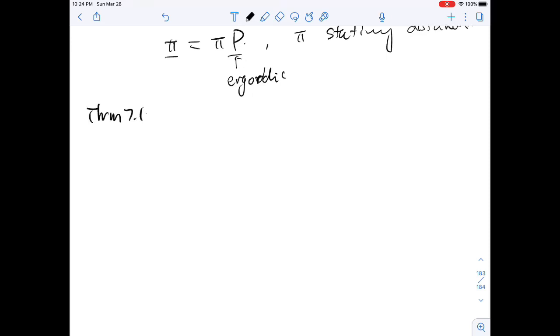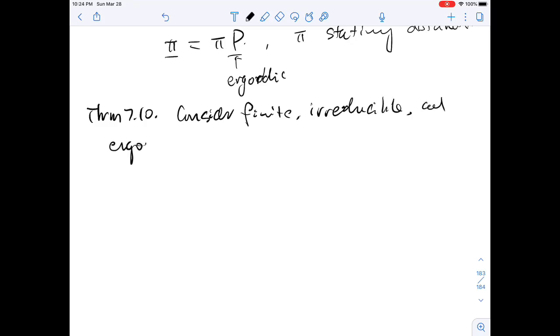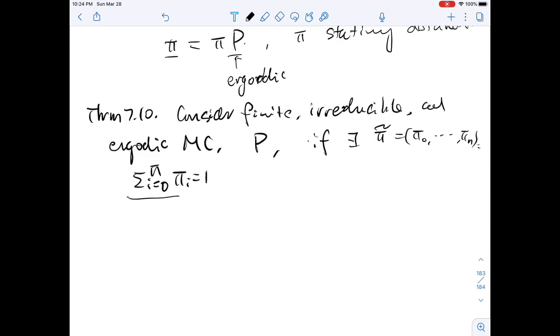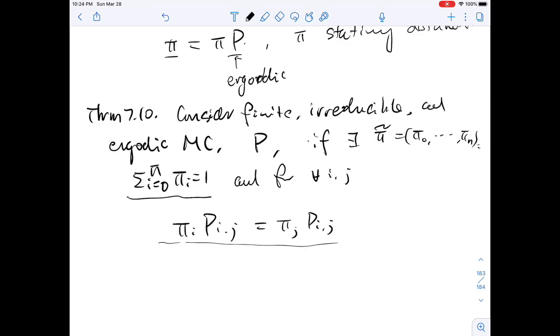That's theorem 7.10. Consider a finite, irreducible, and ergodic Markov chain with transition probability P. If there is a pi tilde whose entries sum to one, which makes sure that this is a distribution, and for any i, j we have pi tilde i P_ij equal to pi tilde j P_ji, then this is also the definition of a time reversible Markov chain.